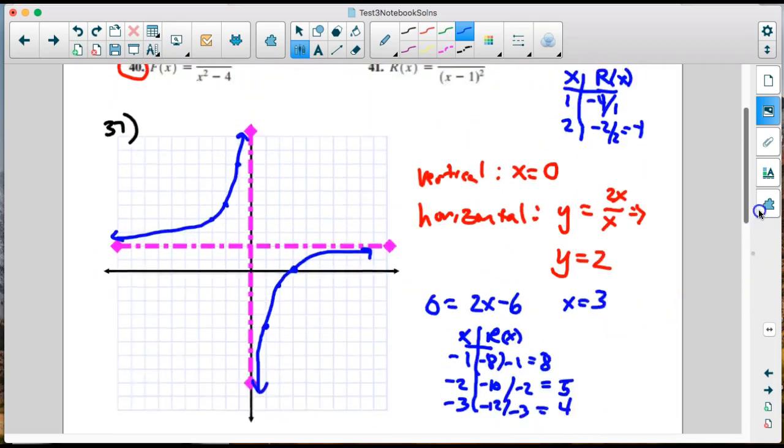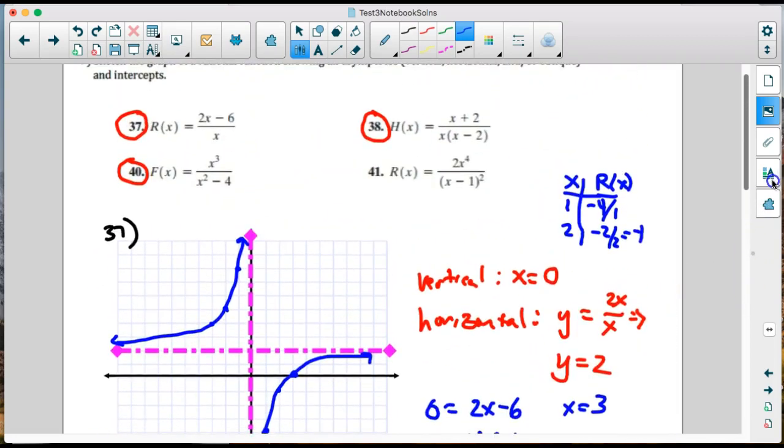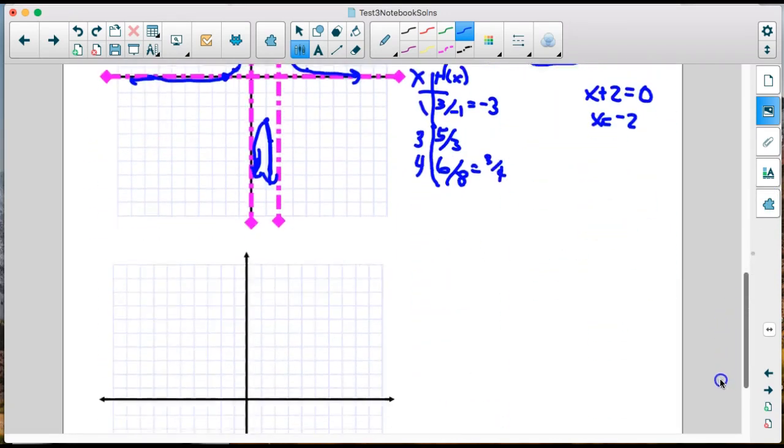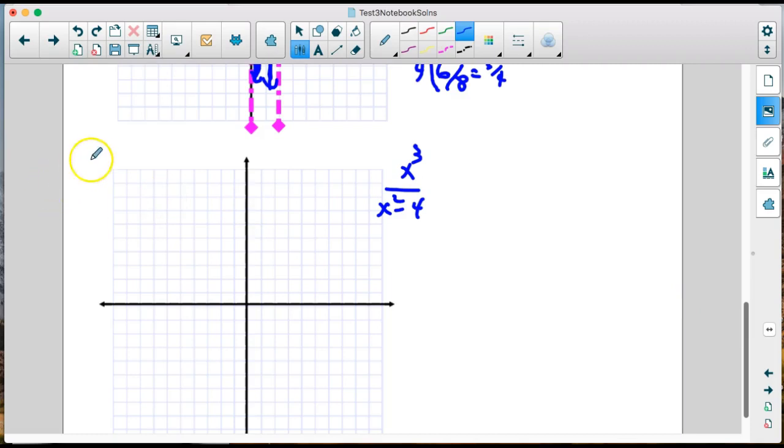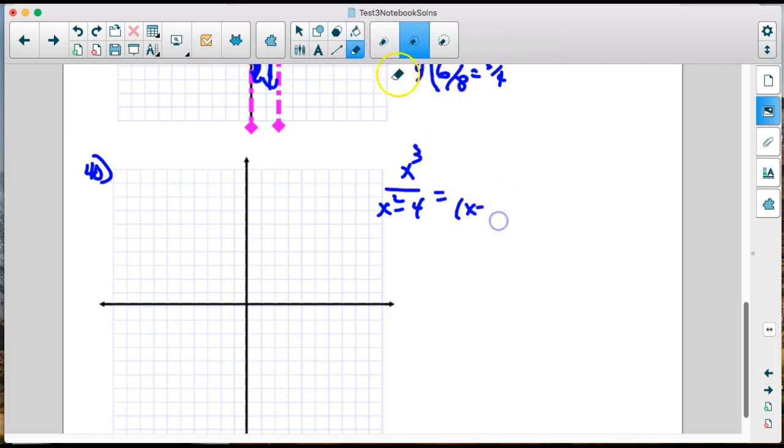All right, let's go to 40. That's x cubed over x squared minus 4. Okay, so this is 40. So what we have here is we factor the denominator. It's x minus 2 and x plus 2.